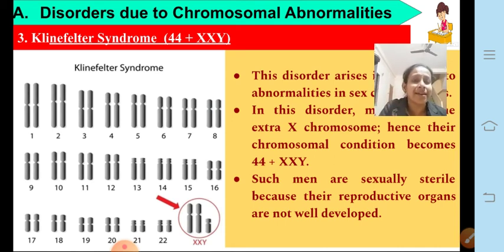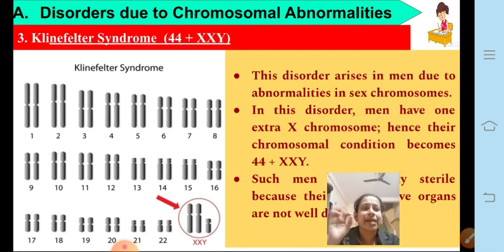It is not their mistake that they have it. It is due to a problem at reproduction time. Instead of having X and Y chromosome, they have XXY. That is why they behave like a female, and even their body characteristics are similar to women. This disorder arises in men due to abnormalities in the sex chromosome.